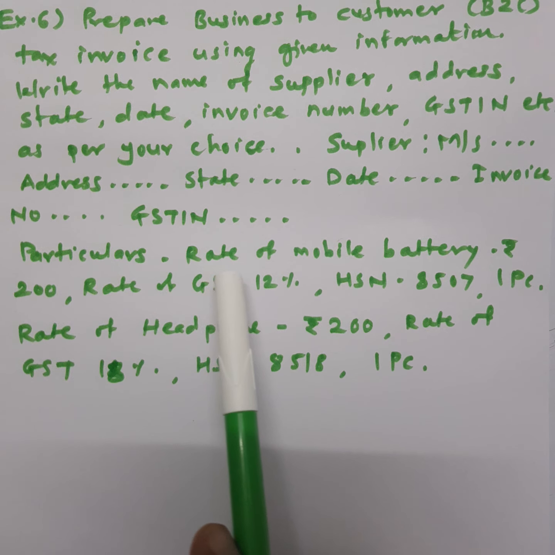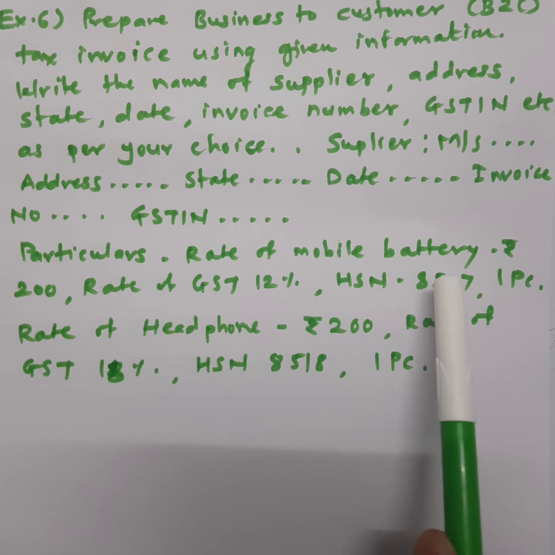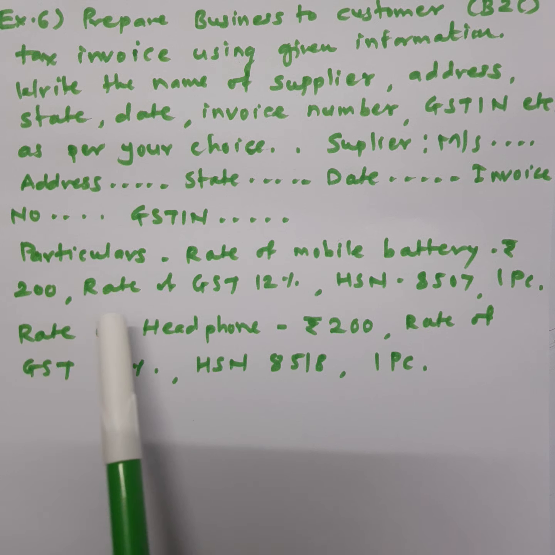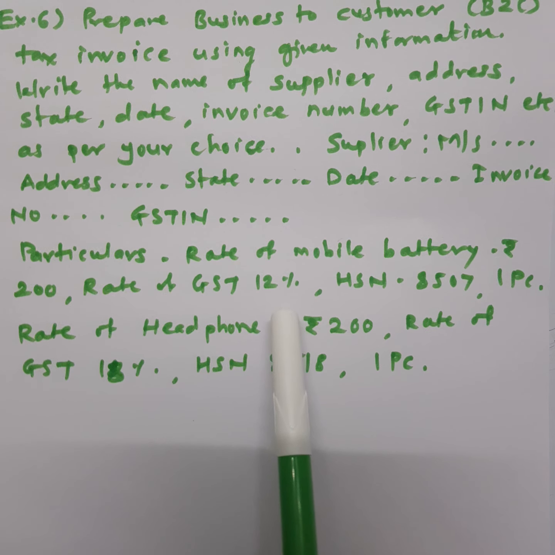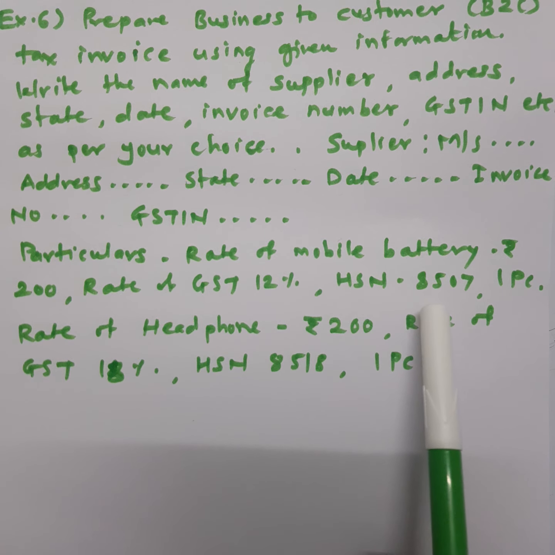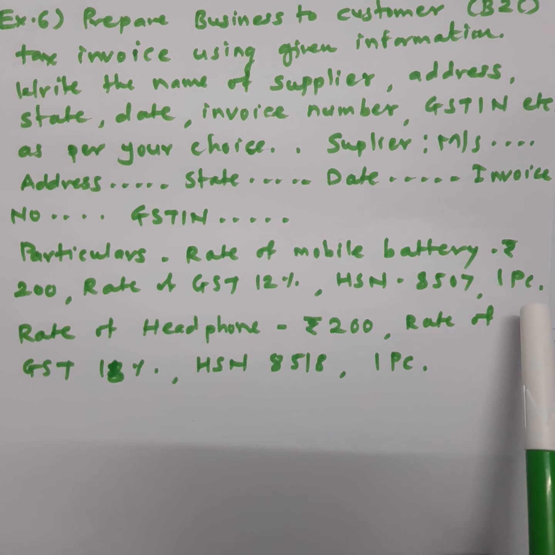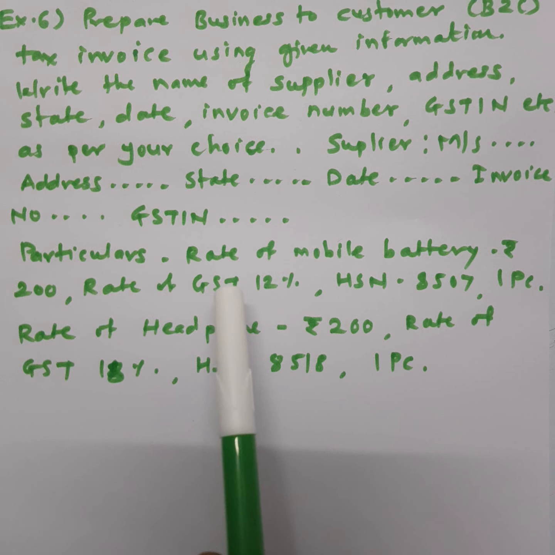These are, first, mobile battery, rate of mobile battery rupees 200, rate of GST 12%, HSN code 8507, and he purchased one piece of mobile battery.